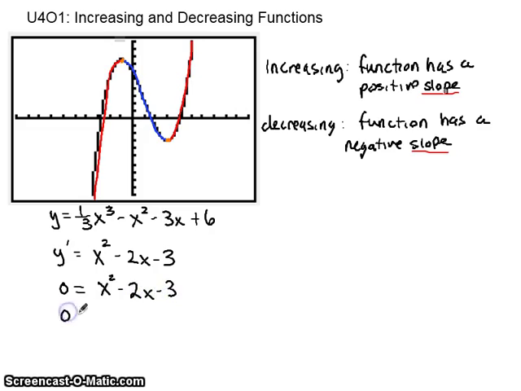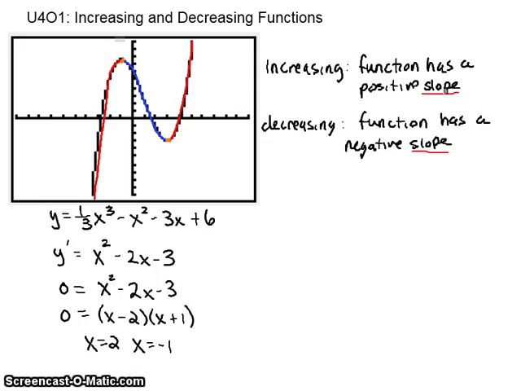We can factor that, and we can say x minus 2 and x plus 1 is going to be that function factored out. So if we set each piece equal to 0, we're going to say that x equals 2 and x equals negative 1. So I know that my derivative has two places where it is 0.